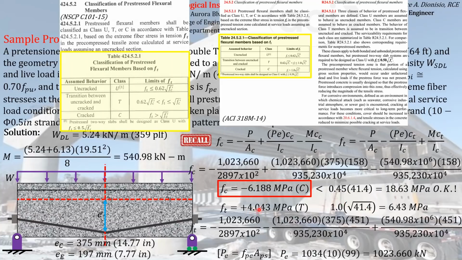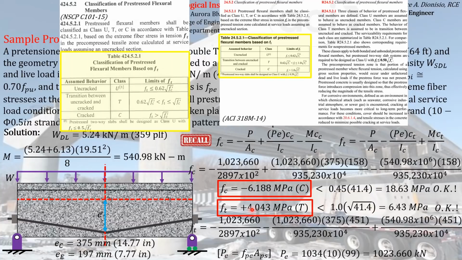By comparing the two, we can see that the maximum stress given in the code is obviously greater than the tensile stress that we have computed here at service loads. Therefore, we can say that the tensile stress is okay. It is code compliant. It doesn't exceed the maximum stress specified by the code, beyond which you can say that the concrete element is already cracked. Therefore, we can take that stress as the other final answer.